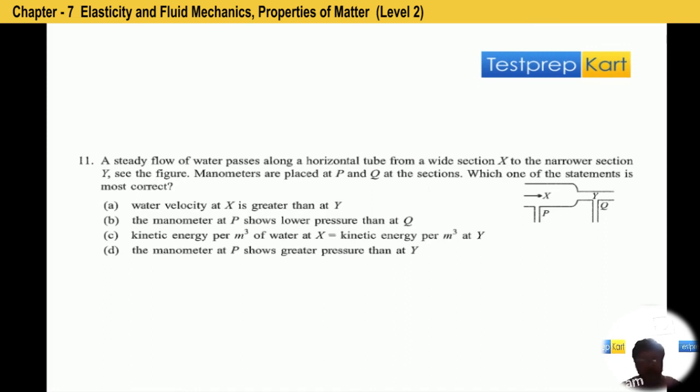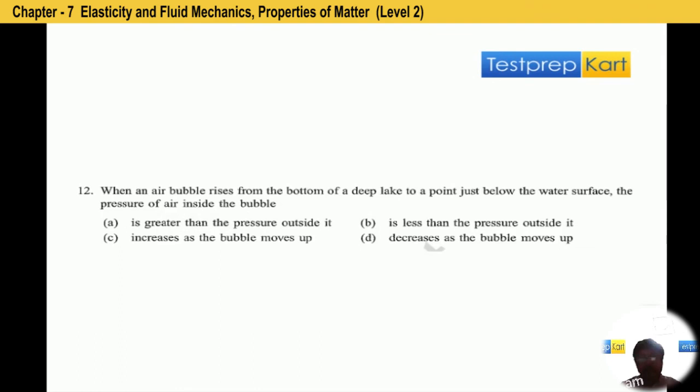Here it is P, and then this is Q. The cross section area is big here and small here, right? Which of the statements is the most correct? The manometer at P shows greater pressure than at Y, because it depends on the cross section area.